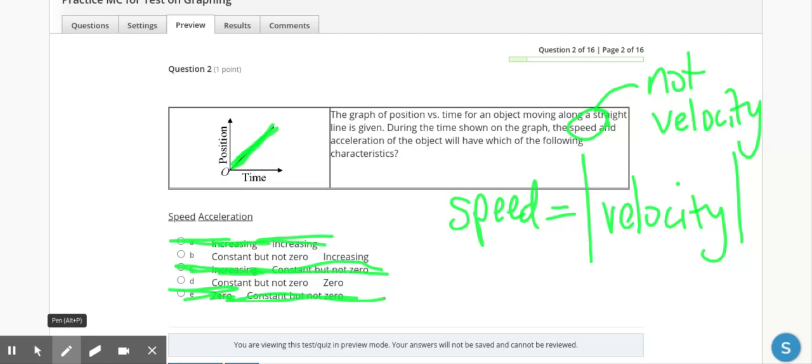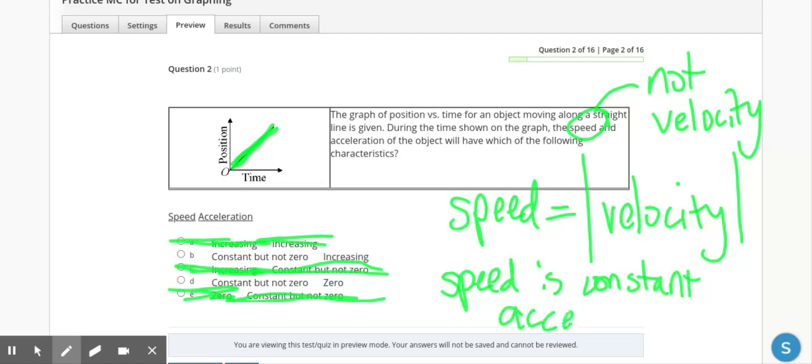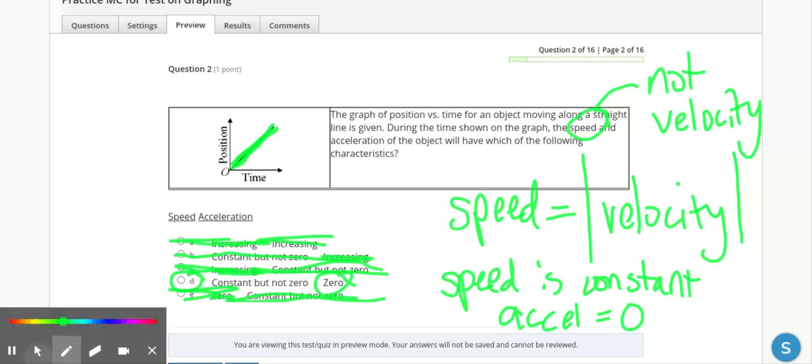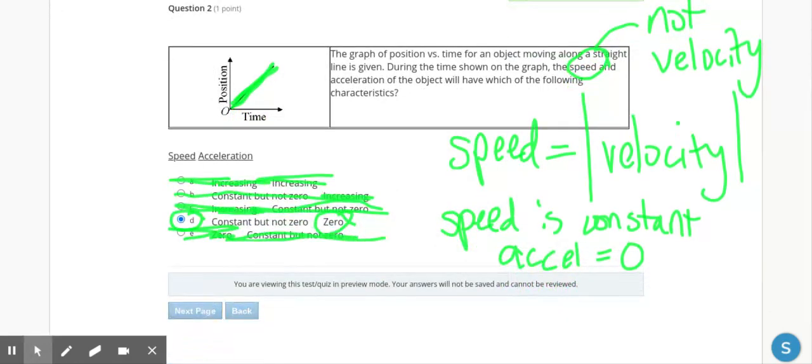Well, if speed is constant, that means the acceleration has to be 0. Acceleration is just how fast something is speeding up or slowing down. So if it's not, then it's 0. So it can't be this one. So it's D. We've got a constant speed, which is not 0, and then we've got a 0 acceleration. All right, great. Next one.